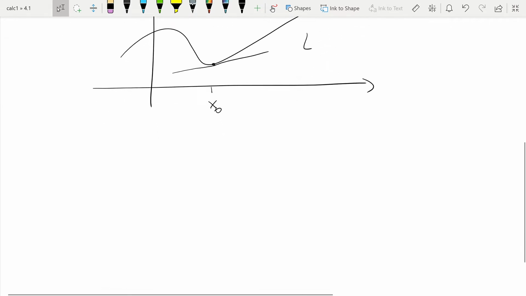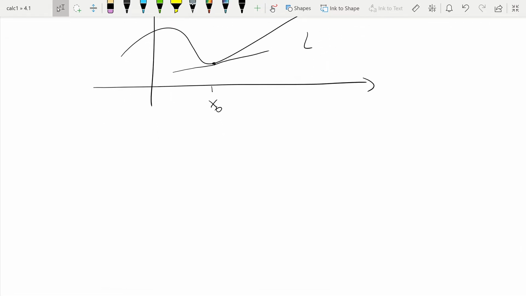Okay, so if we zoom in at the point x0, what we'll see is something like that.